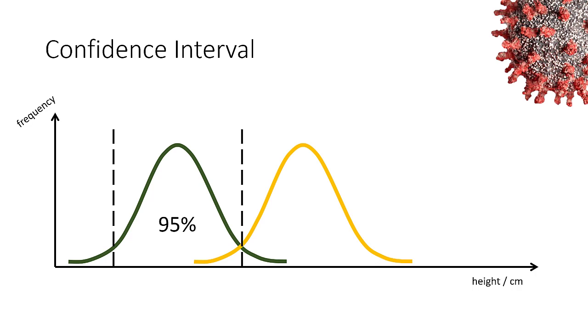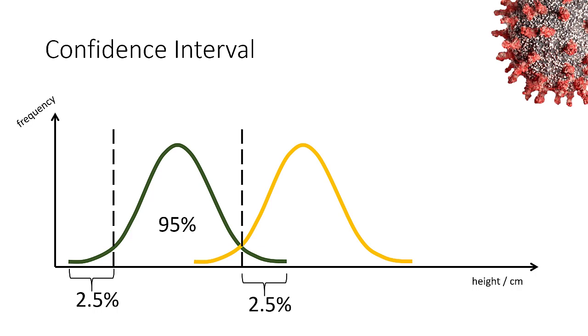So I draw two dotted lines. Then within the dotted line, it will encompass 95% of the data. Then on one side, it will be 2.5%, and on the other side, it will be another 2.5% of the data. So if the overlapping is only 2.5%, in science, it is the so-called entry level whereby we conclude two data are significantly different.